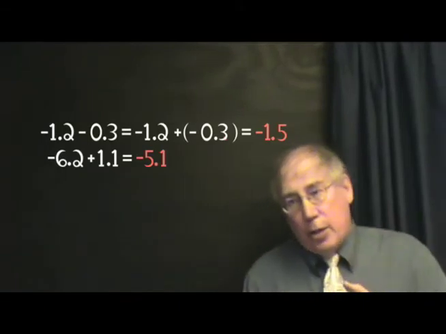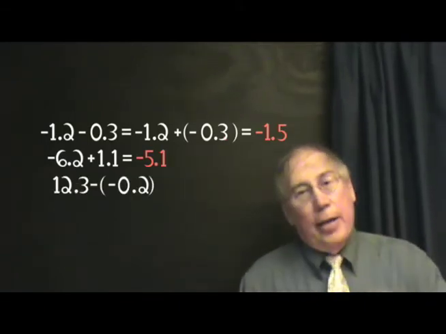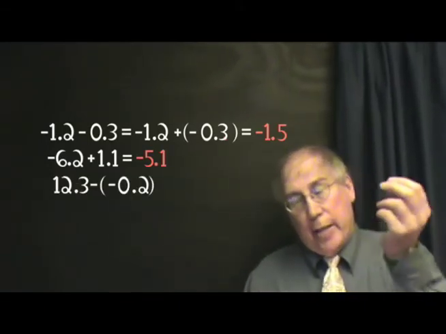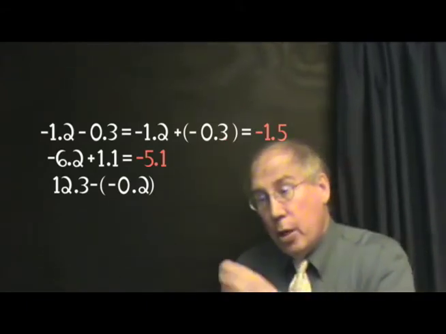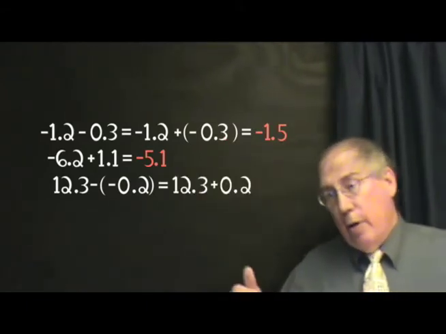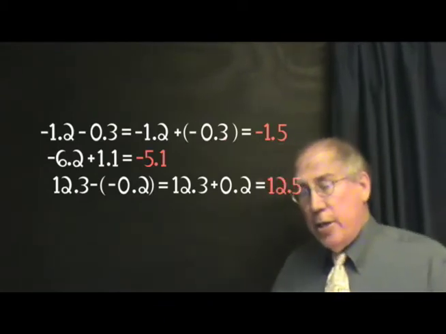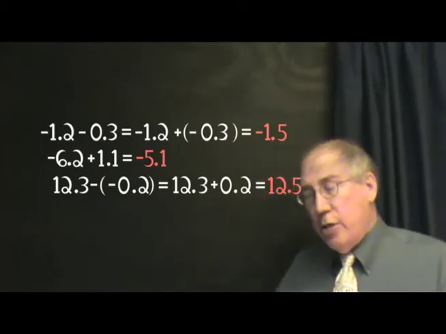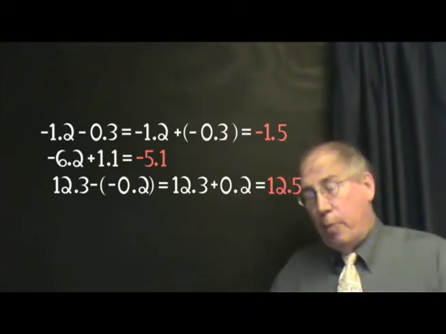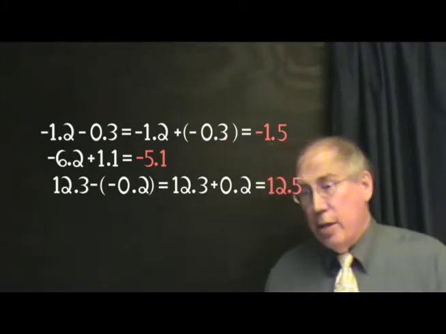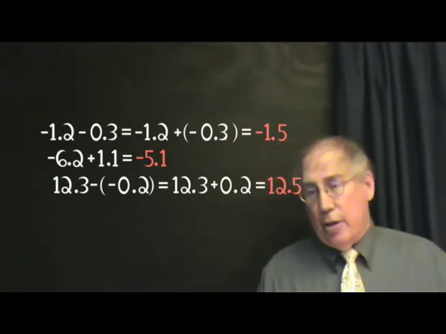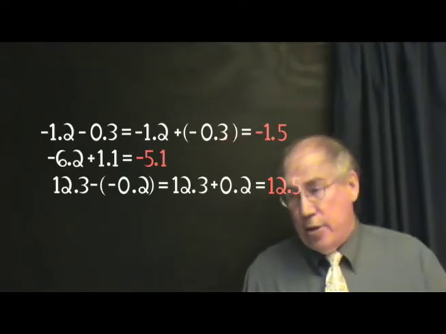So we subtract the numbers, get 5.1, and then we'll put the negative sign that came from the 6.2 with our answer. So we get negative 5.1, because that's the larger of the numbers. The next case here, if you change this to an addition problem, we'll get all positive numbers, and we'll get 12.5 as our final answer.